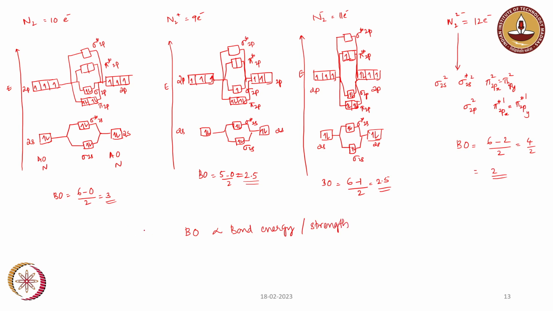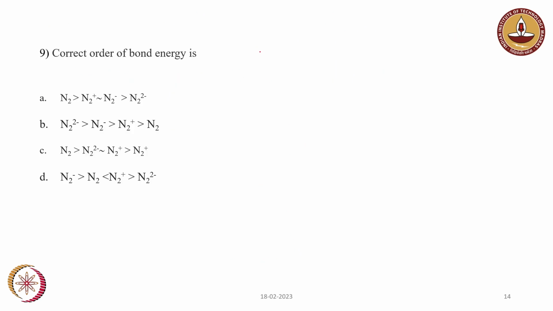So the order of bond order will be N2 is higher, then N2 plus and N2 minus are similar, and then N2 2 minus. So the order is N2, then N2 plus or N2 minus, then N2 2 minus.